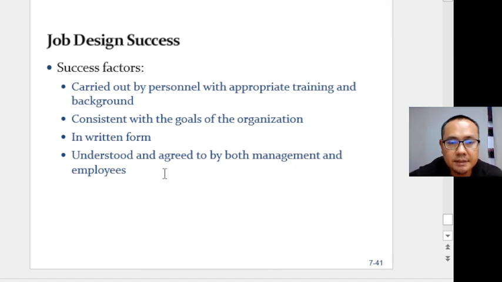There are factors in job design, and a few of these can be carried out by personnel with appropriate training and background. It seems very simple, but actually a lot of HR departments or senior management fail to understand how important it is that this kind of job be performed by people who are competent and really understand how to do job design.